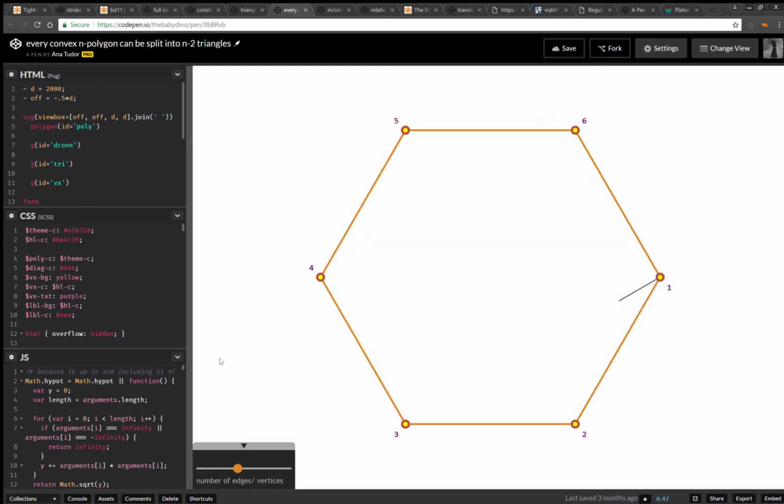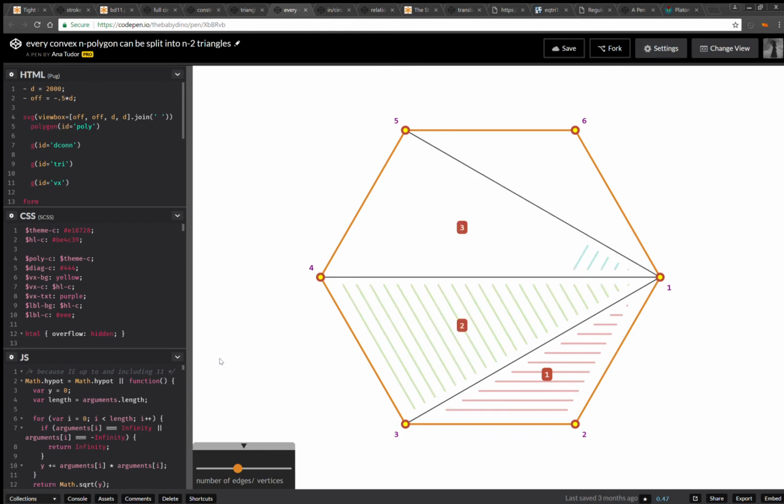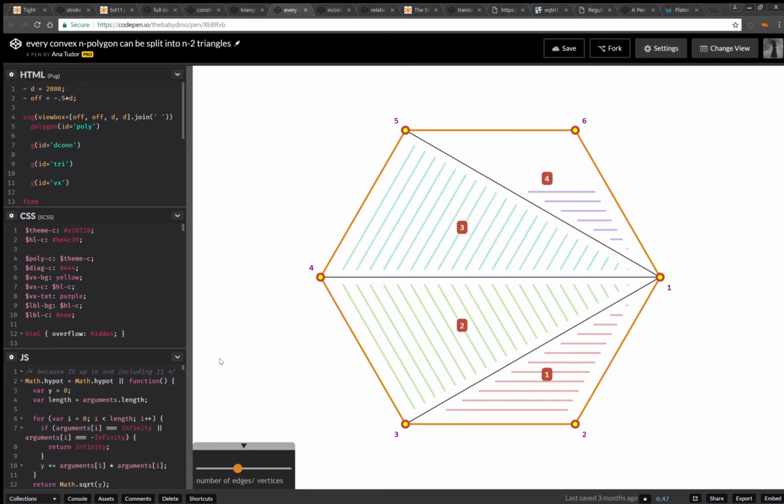So in general, the sum of angles in a polygon of n vertices and n edges is n minus 2 times 180. And if this polygon is regular, meaning that all its angles are equal, a vertex angle is going to be this product between n minus 2 and 180 over the number of vertices. So this is how we can compute the vertex angle.